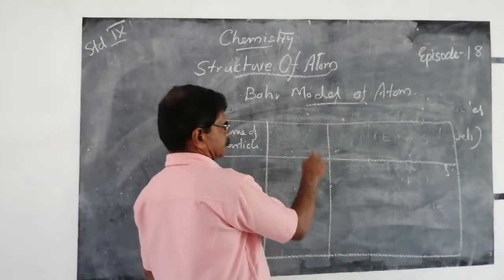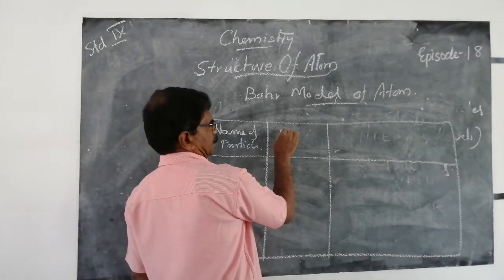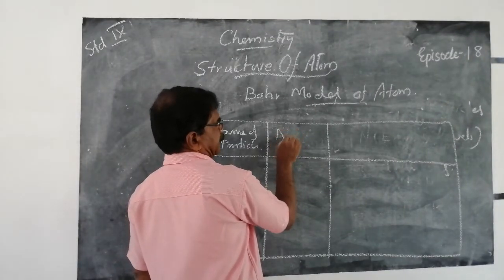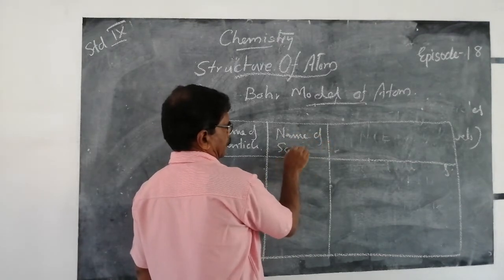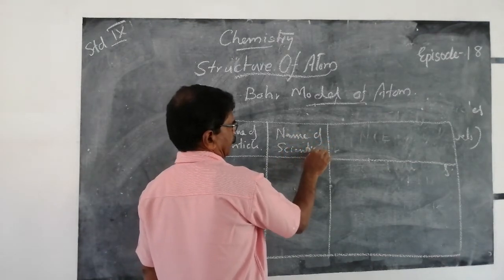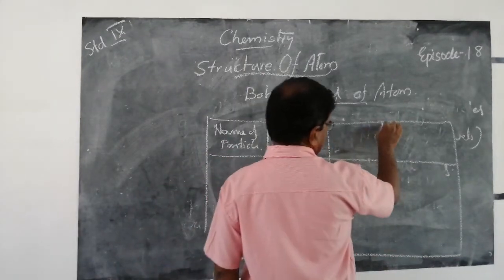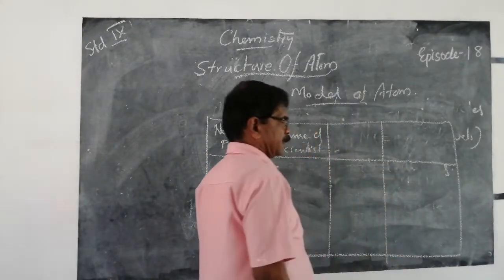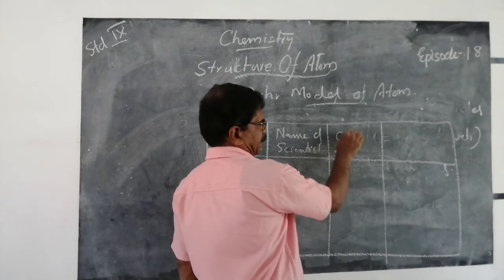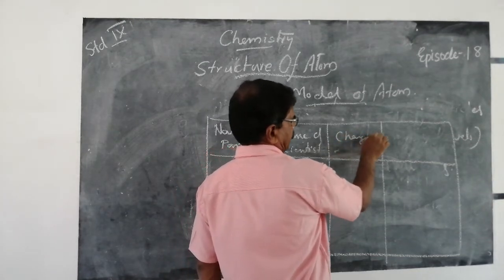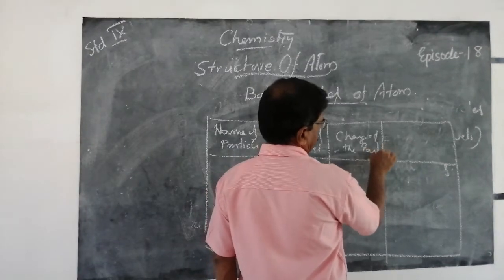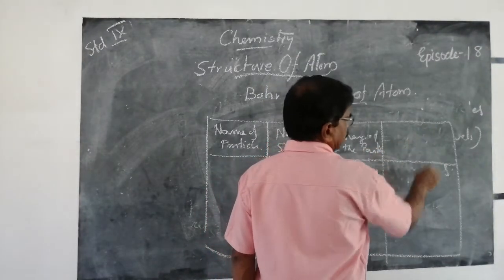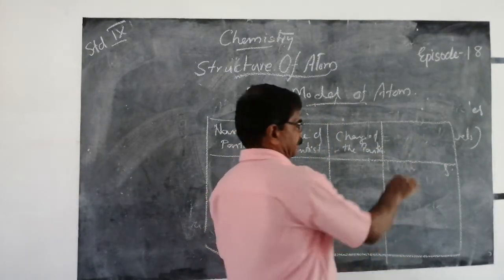Second column, name of the scientist. The third column, charge of the particles. And the fourth column, mass of the particles.